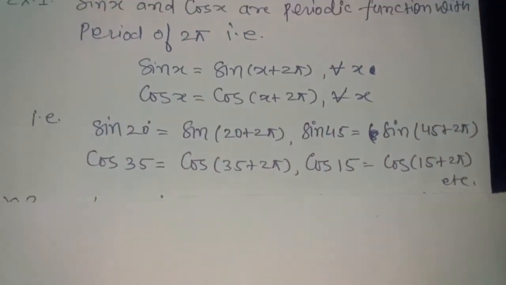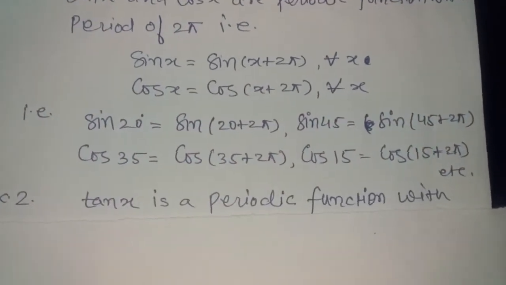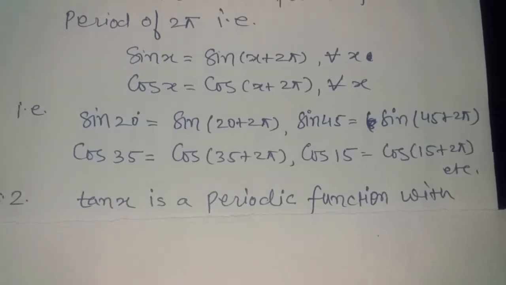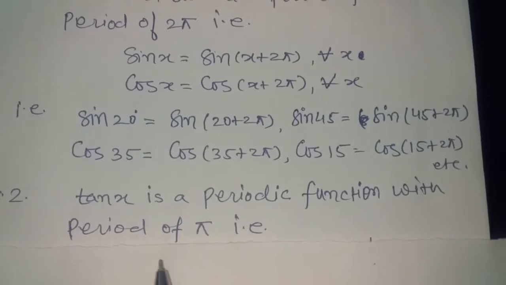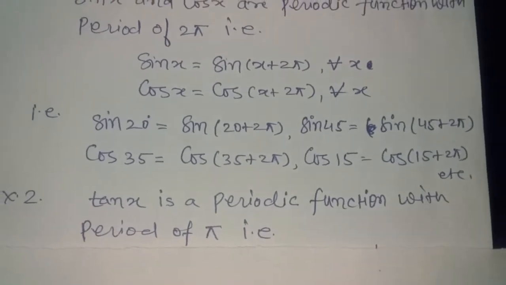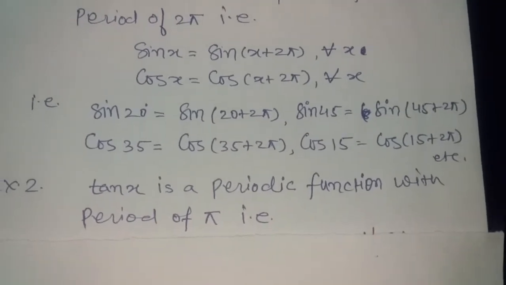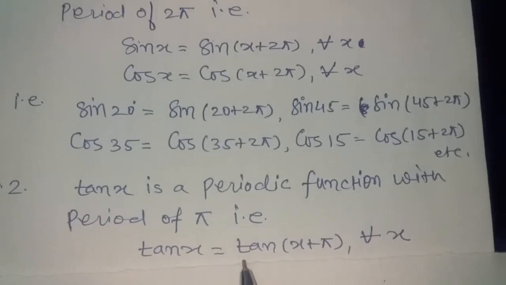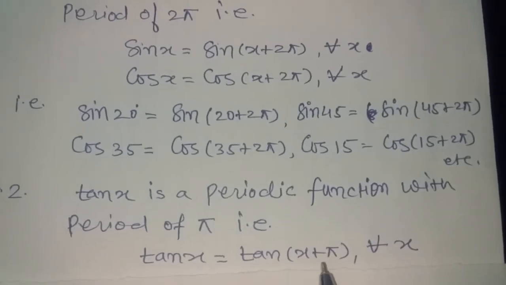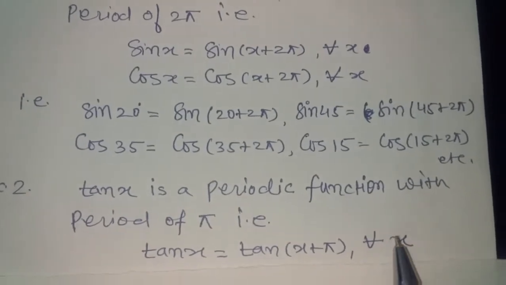Similarly, tan x is also a periodic function but with period of pi. The period of tan x is pi, which means tan x has the same value as tan(x + pi) for all x.